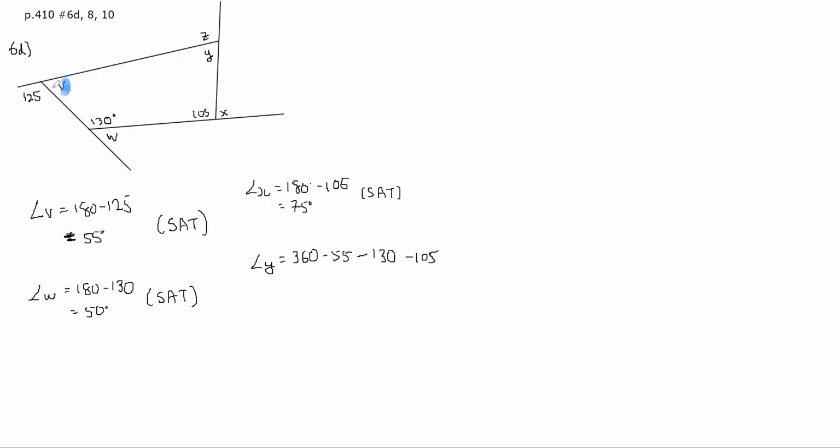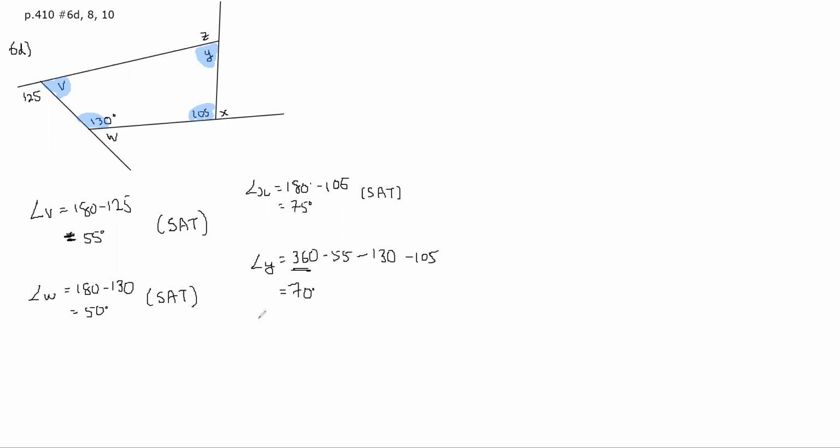Angle V right here, angle W, angle 130, angle 105, and angle Y are all interior angles of a quadrilateral. What does that mean? That means all 4 angles together will add up to 360 degrees. Subtract the 3 pieces, I will have the angle Y left. That is going to be, please excuse my lack of mental math here, 70 degrees.